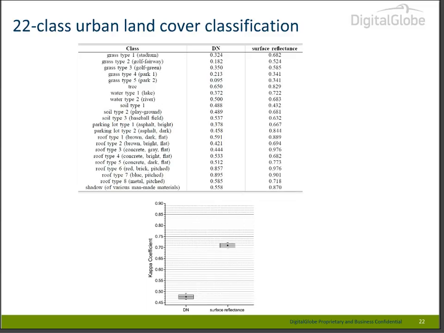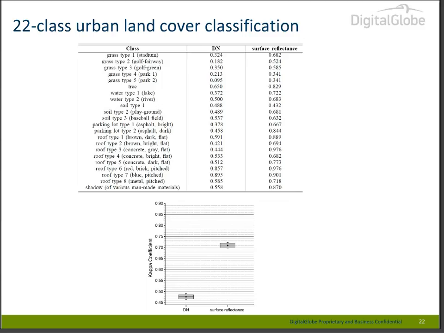If you work in the surface reflectance domain, we now have a fairly larger discrimination of the grassy area. Still, it is not a satisfactory result, but it's much better than working with digital numbers. The overall accuracy in terms of kappa coefficient is about 0.71, and that represents an increase in accuracy of about 50% with respect to digital numbers. So only because you're working in surface reflectance, you get about 50% accuracy improvement.